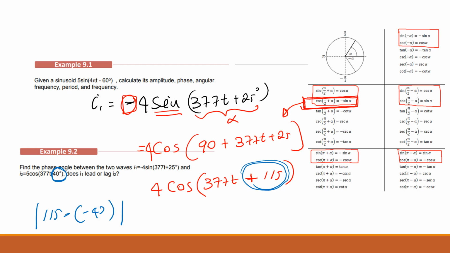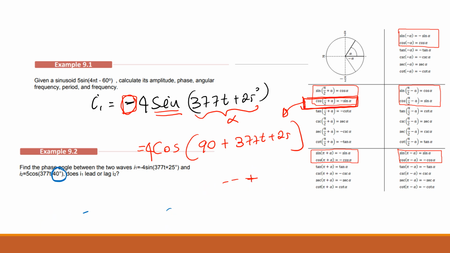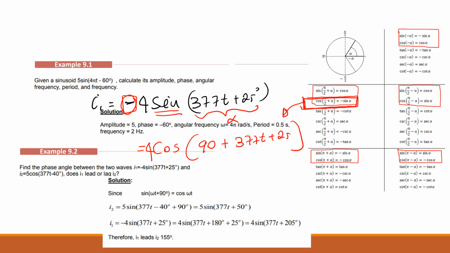So phase difference will be 155 degrees. Am I right? So when you plot it, how do you plot it?